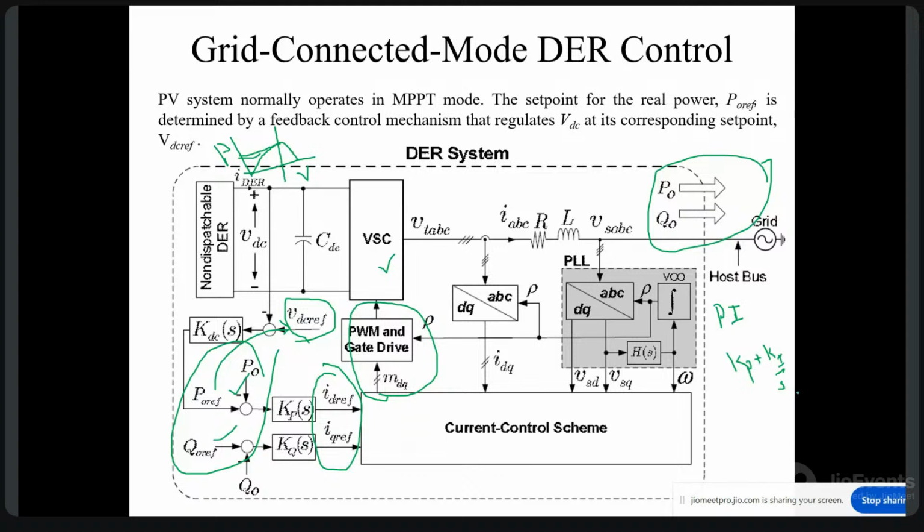However, if you go with the ABC to DQ transformation, though in the ABC domain they are time varying signals, the DQ domain is a synchronously rotating reference frame. So as our references are generated with the help of the synchronously rotating reference frame, our ID reference, IQ reference, VD reference and VQ reference are not time varying quantities. As they are not time varying quantities, a simple PI controller also will be able to track.